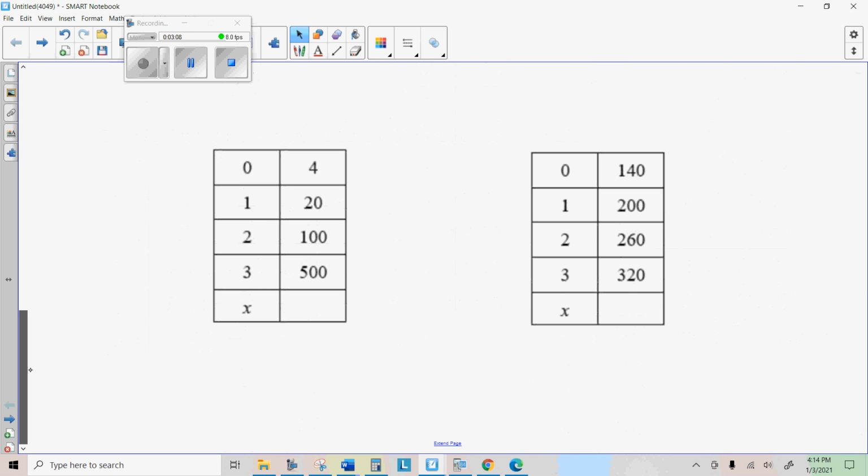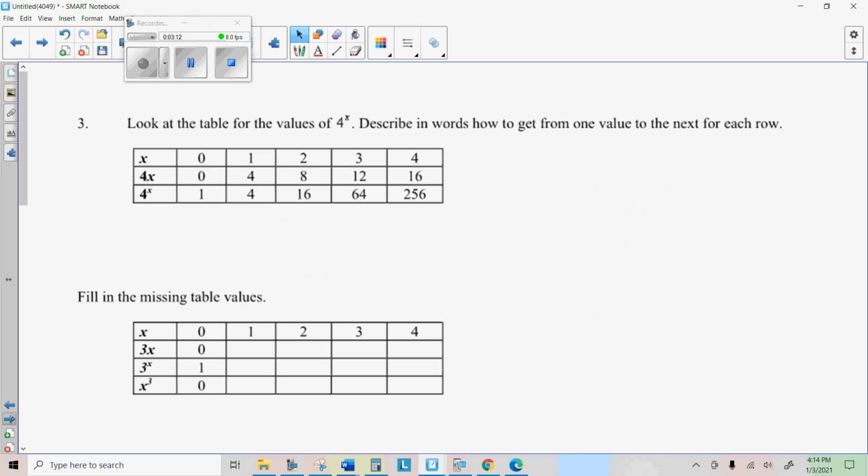The other types of problems that you need to be able to do is, you're going to just take a look at how these table values were created. If it's a linear pattern like this, or a linear expression, then you're adding the same thing every time. So this one's adding 4 every time. If it's an exponential, then you're multiplying by something.